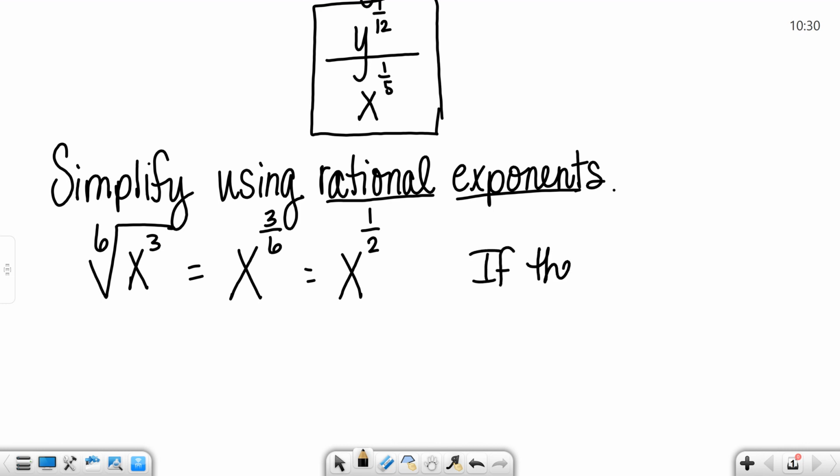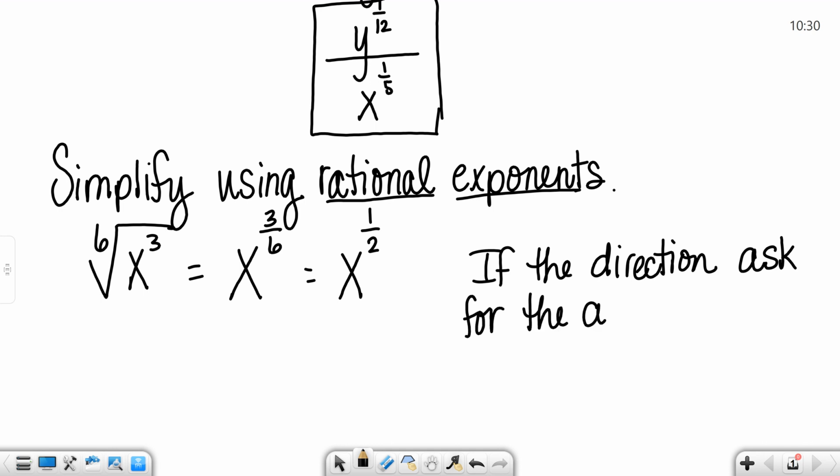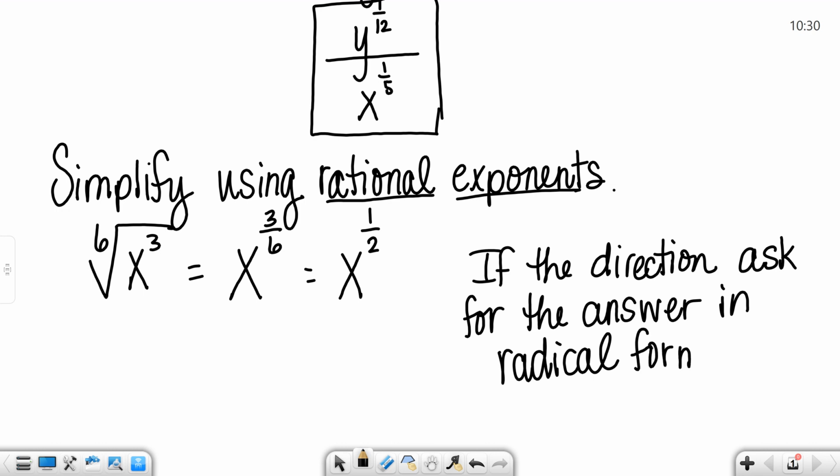If the directions ask for the answer in radical form, it would be the square root of x.